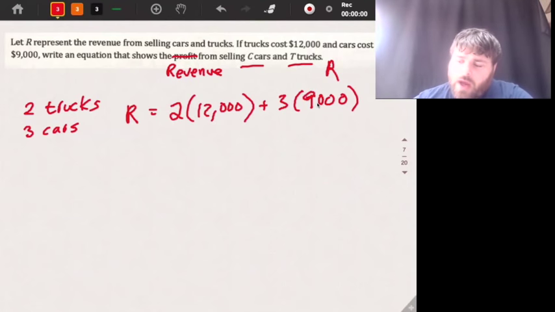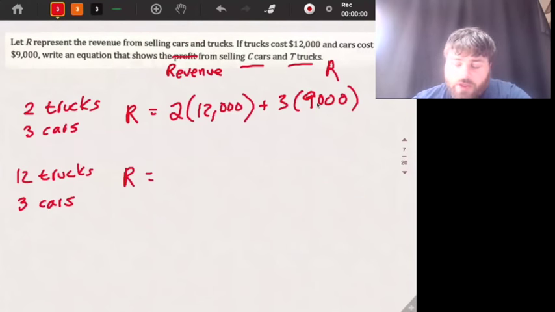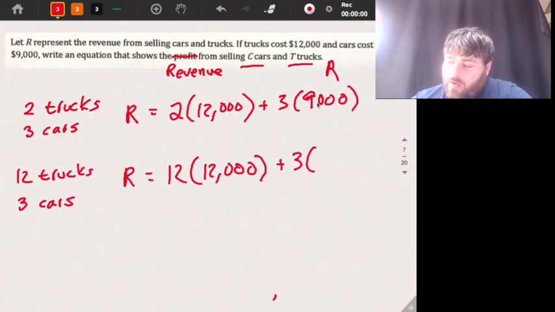Okay. So let's try it again with 12 trucks and 3 cars. So my revenue would be, again, the 2 is now a 12, so I just replace that. It's getting pretty obvious what the equation is going to look like.